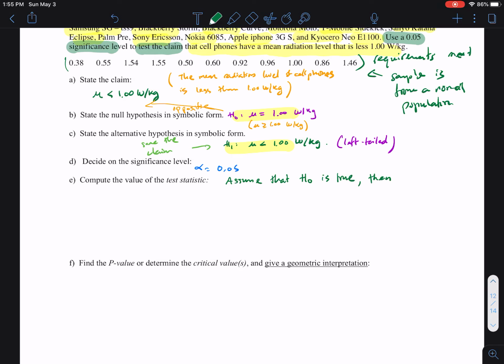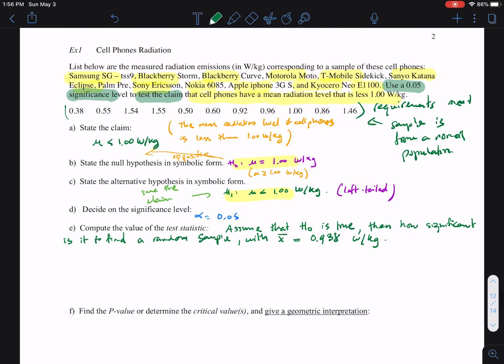Then we want to answer this question: if that's true, how significant is it to find a random sample of cell phones with a sample mean of 0.938 watt per kilogram?